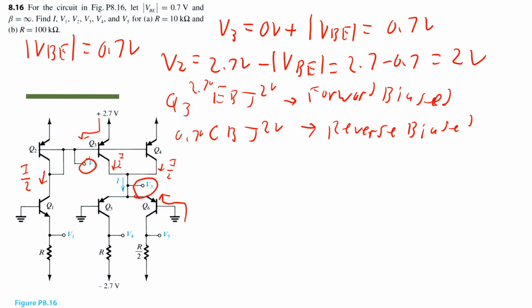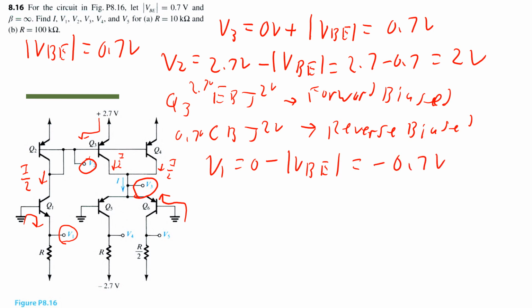So based on this, we should be able to calculate V1. We know that V1, if we were to start at this short right here, going from 0 at the base of Q1, we would just do 0, because that is the voltage at the base of Q1, minus the voltage from base to emitter, and that is equal to negative 0.7 volts.